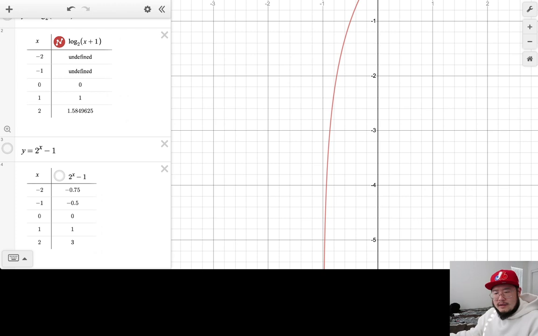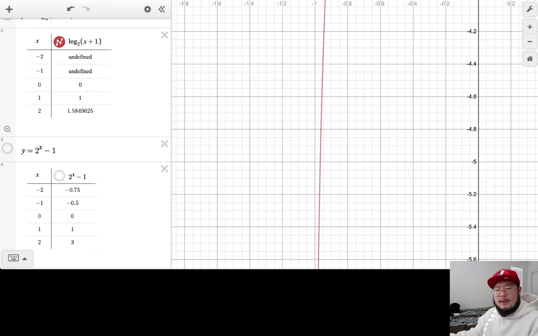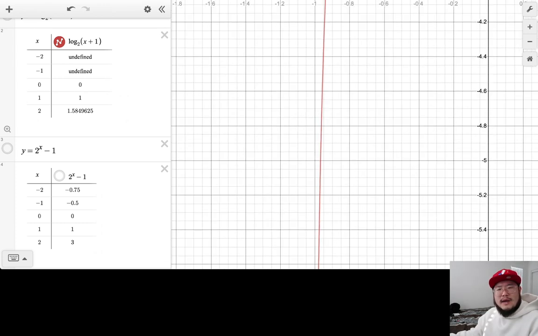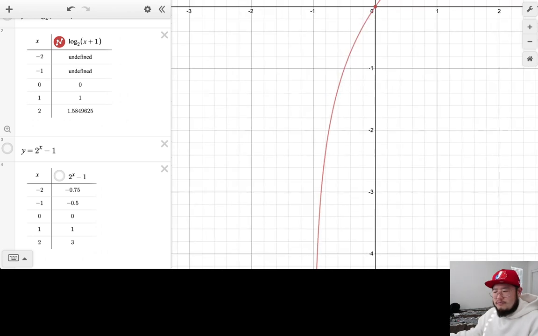It gets very close to it, but never touches. What does that mean? We have an asymptote. Therefore, right here at -2, no good. At -1, no good. Because it reaches that asymptote, we have a vertical asymptote at -1. So that would be one of the asymptotes of our function.